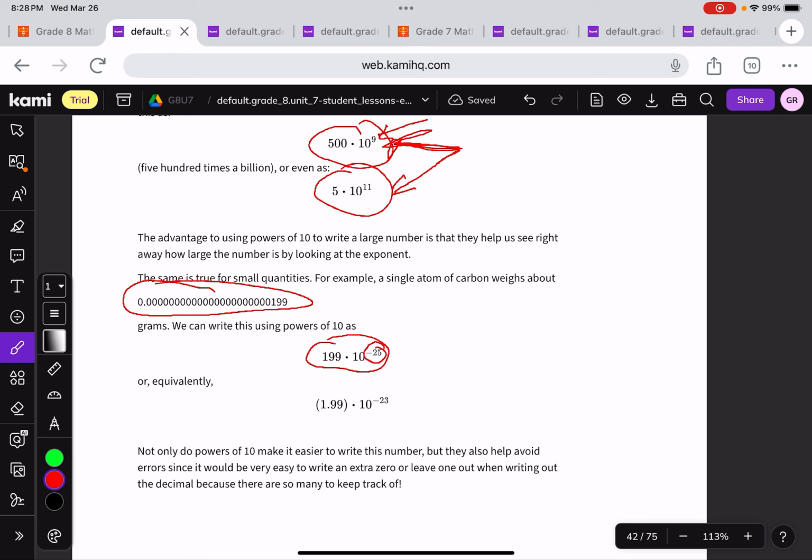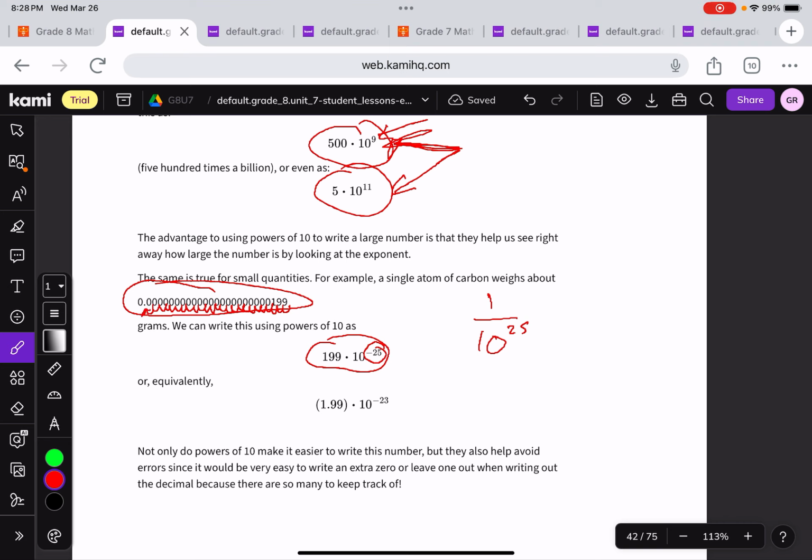Well, that would be the same as 1 over 10 to the 25th, which would be a 1 with 25 zeros. But if I start right here and count back at the end, that'd be 1, 2, 3, 4, 5, 6, 7, 8, 9, 10, 11, 12, 13, 14, 15, 16, 17, 18, 19, 20, 21, 22, 23, 24, and look at that, 25.